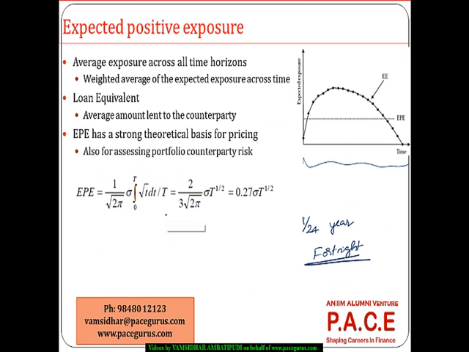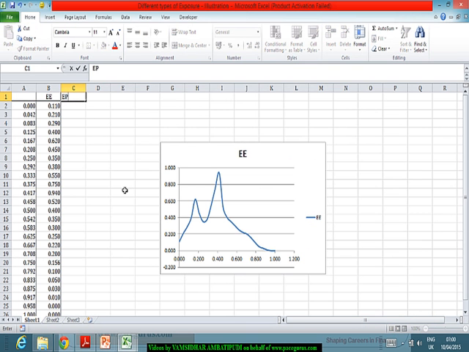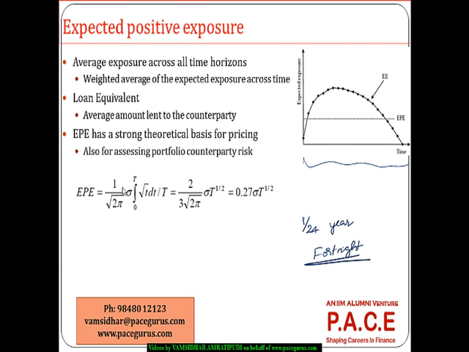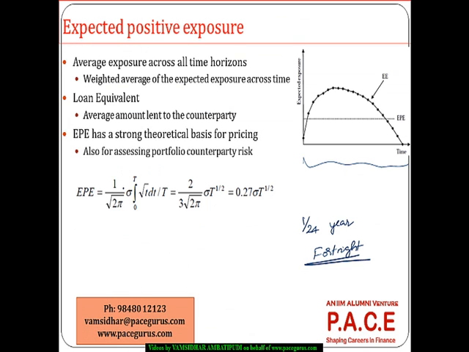Now on this, I really want to know what my expected positive exposure is. Expected positive exposure is nothing but the average of the expected exposures across all the time periods.